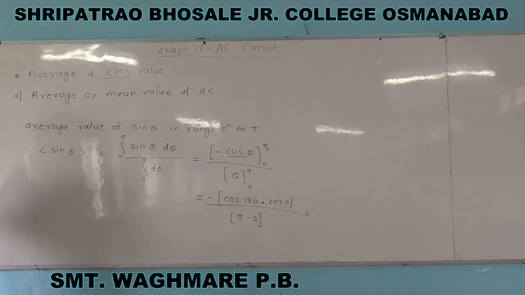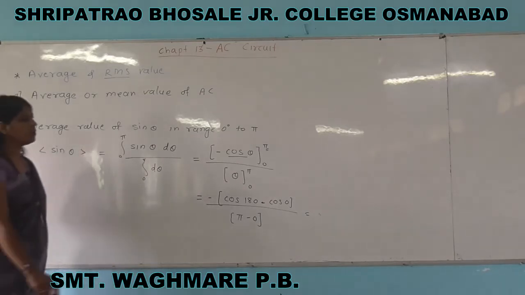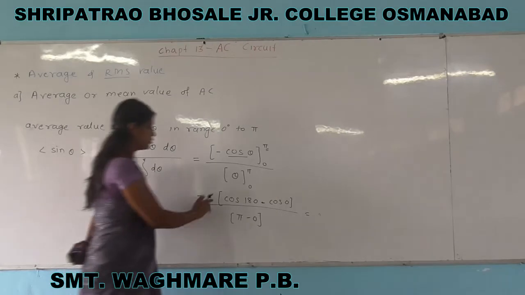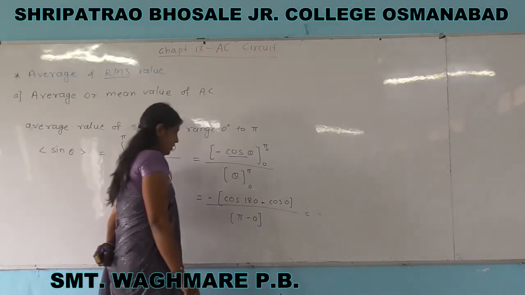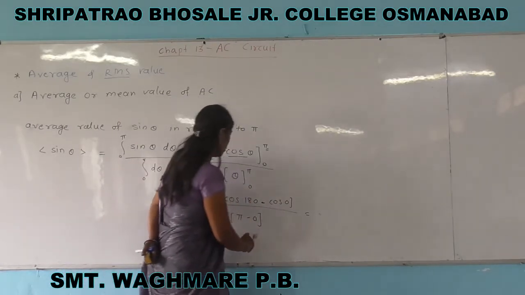Here cos 180 is equal to minus 1, and cos 0 is equal to 1.